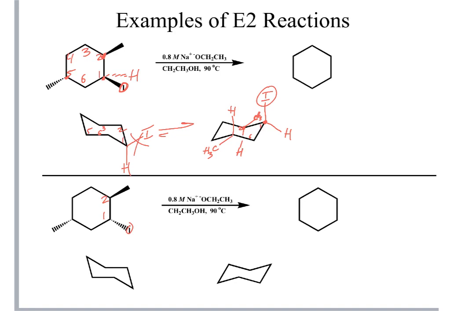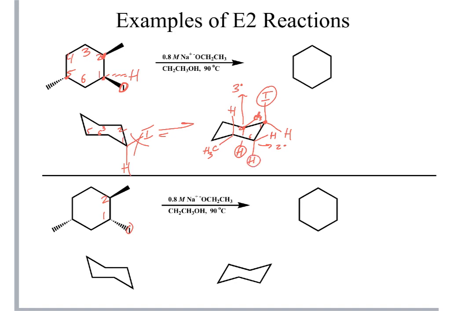Carbon number 6 has axial hydrogen and equatorial hydrogen. We have 2 alpha carbons with 3 hydrogen atoms. Here I have a tertiary alpha carbon with a tertiary and therefore more acidic hydrogen. And here I have secondary alpha carbon also with 1 axial alpha hydrogen.